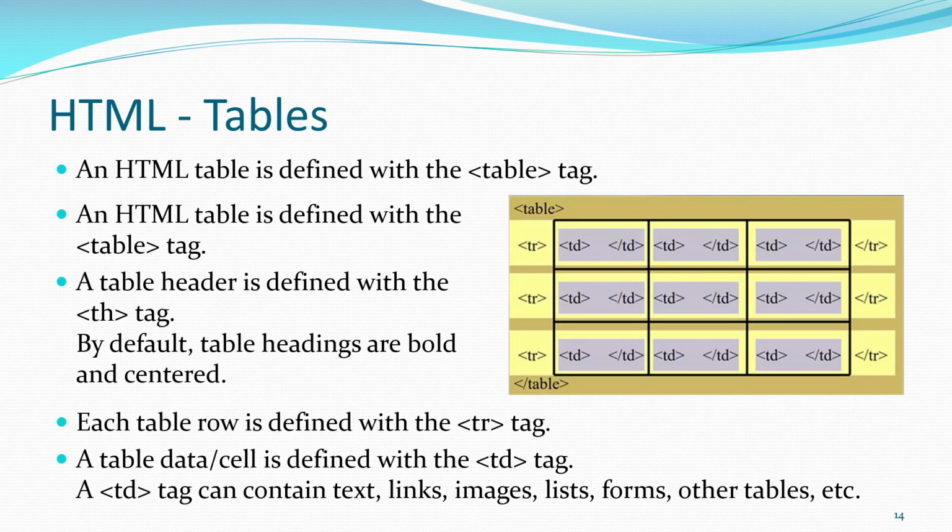Then each cell is defined with a table data tag, and you can put anything within the data tags to be put into the cell. That can be an image, a link, lists, other tables, whatever you like.